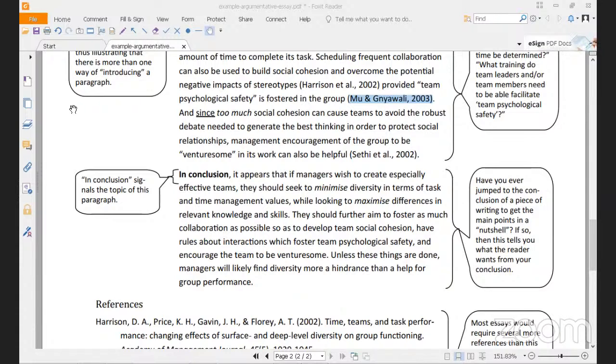Unless these things are done, managers will likely find diversity more a hindrance than a help for group performance. Okay, so at the end, we are giving a summary of the ideas that we mentioned and also closing my thesis statement.